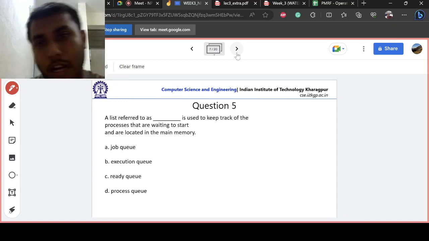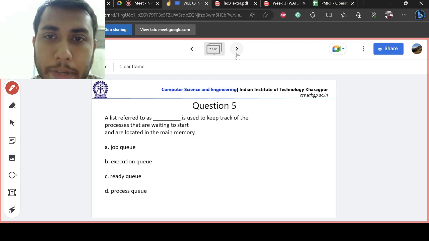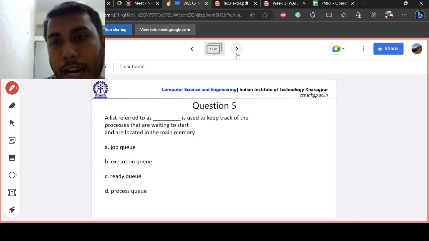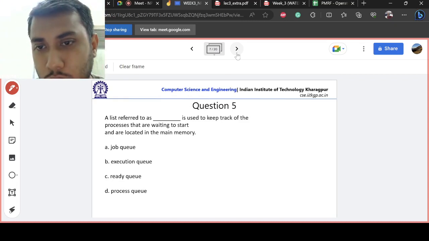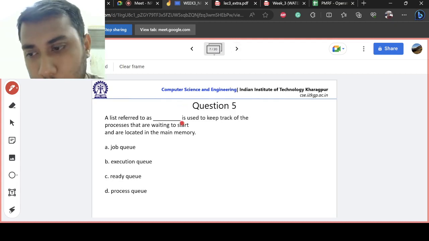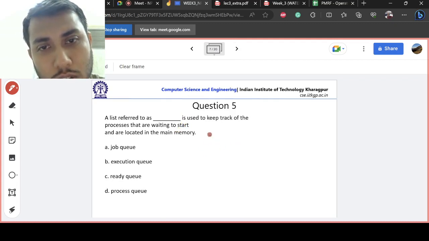Then you have a list referred to as the ready queue. This is used to keep track of the processes that are waiting to start and are located in the main memory. Why ready? Because in the ready queue, the active processes are present in the main memory.